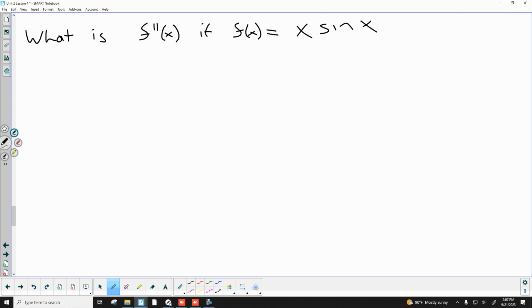Again, why? Who cares? Just do it. You're going to have to take the derivative twice. Yeah, don't look back. The derivative of sine is cosine. You should know that. That's all you need to know. You don't have to look back anywhere. Go for it.